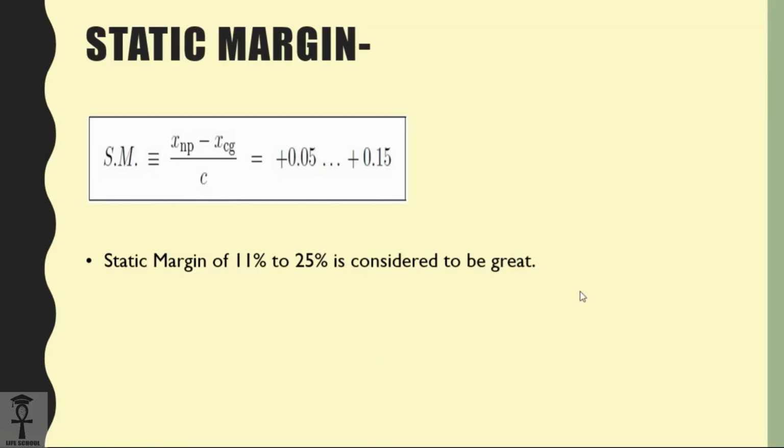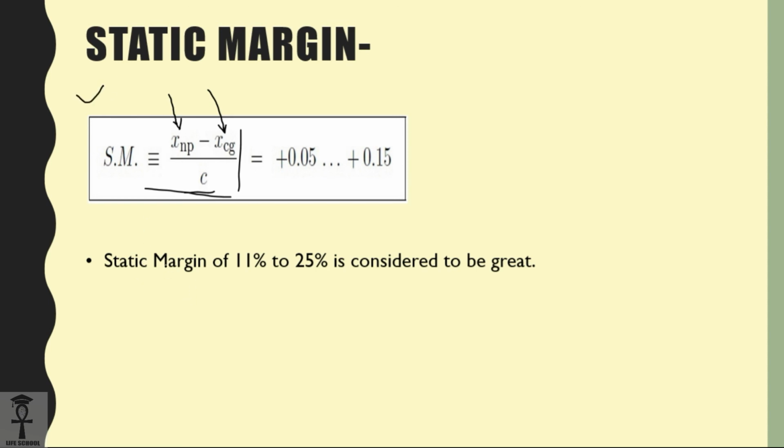So this is the static margin formula, that is the location of the neutral point minus the location of the CG, divided by the chord length, times 100%. That's going to give us the static margin.